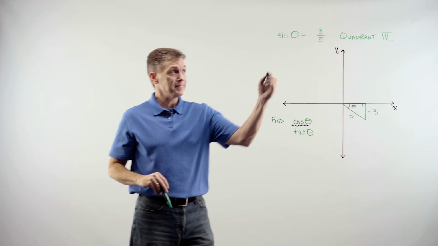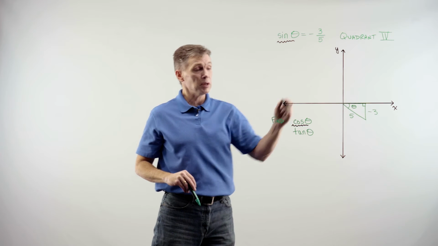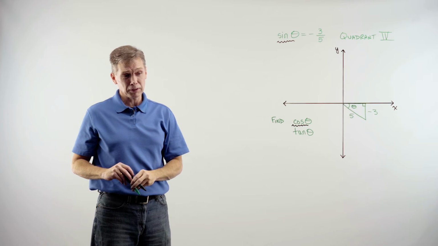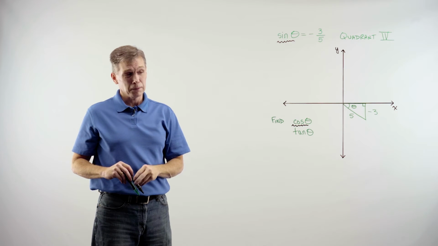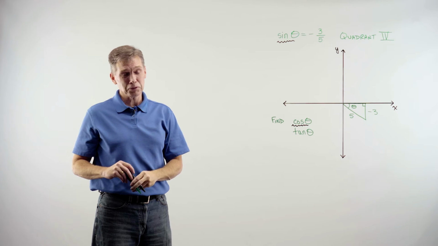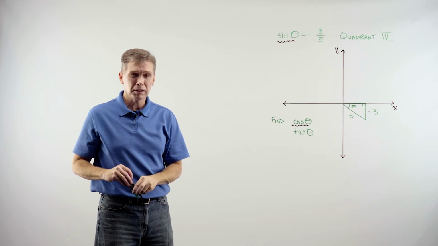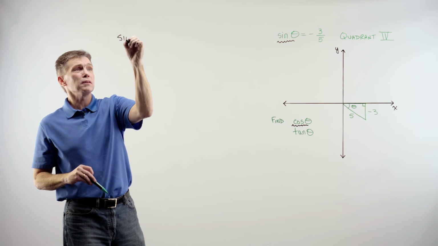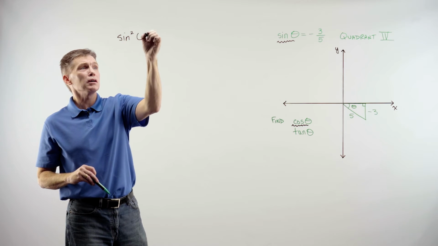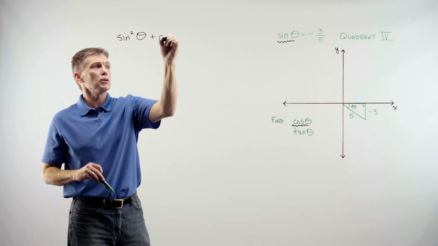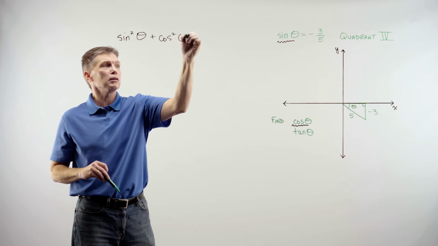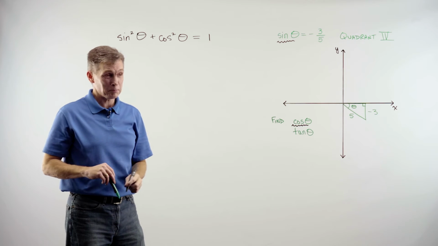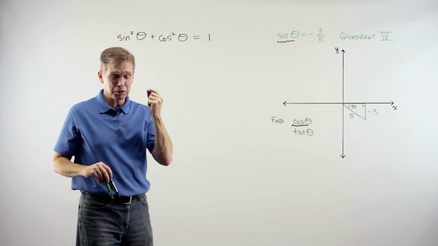And they gave me sine. That's given information. So when it comes to those identities, can you think of one that has sine and cosine in it? This is an important one, one of your go-to identities: the Pythagorean identity. So you go here and say sine squared of theta plus cosine squared of theta equals 1, right? It's a good identity to keep in your head.